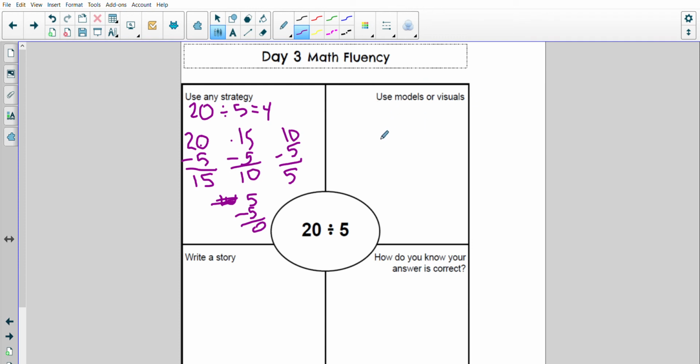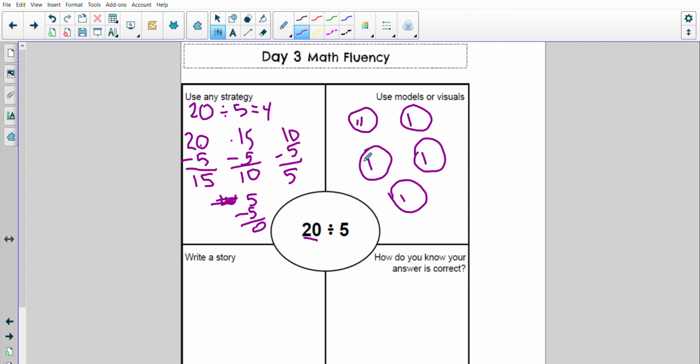All right, using models or visuals again, this time doing a picture. So I have 5 groups. 1, 2, 3, 4, 5. All right, I'm going to share or distribute, partition, 20 into each of these. So I have 1, 2, 3, 4, 5. Again, going up until I'm sharing 20.